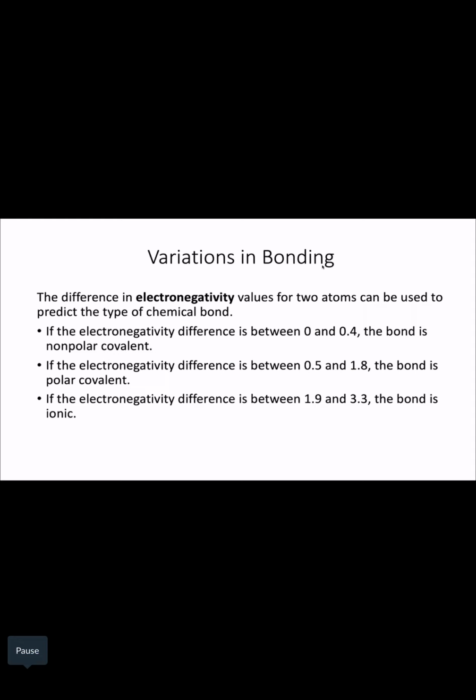The difference in electronegativity values of two atoms can be used to predict the chemical bond. If the electronegativity difference is between 0 and 0.4, the bond is a non-polar covalent bond. Okay, I know I said 0.3. Usually it's hard to measure, but 0.4 is the borderline. Anything between 0.4 and 1.8 is considered a polar covalent bond.